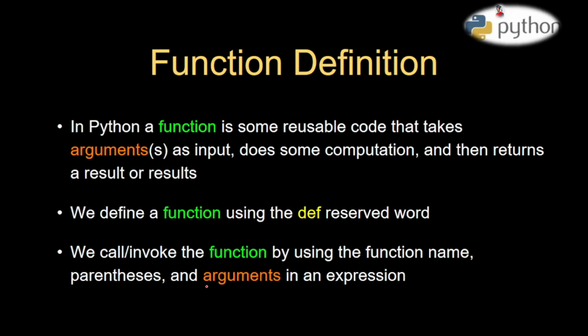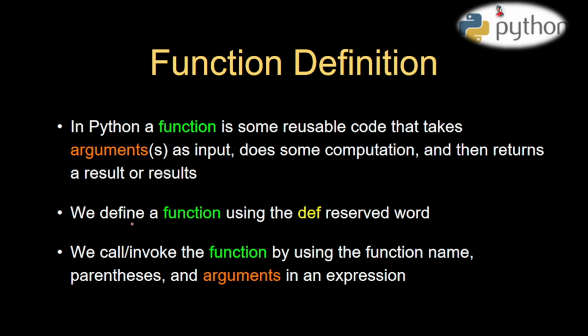As a function definition, in Python a function is some reusable code that takes some arguments as input if you pass arguments, does some computation or operations, and then returns the result of that computation. A Python function takes a list of parameters, or may take none, then performs some computations or operations and returns or displays the result. That is what we call a Python function as a whole.